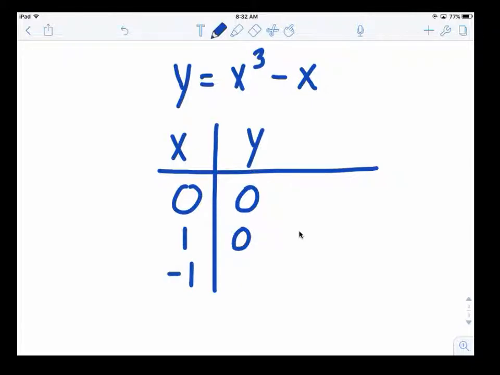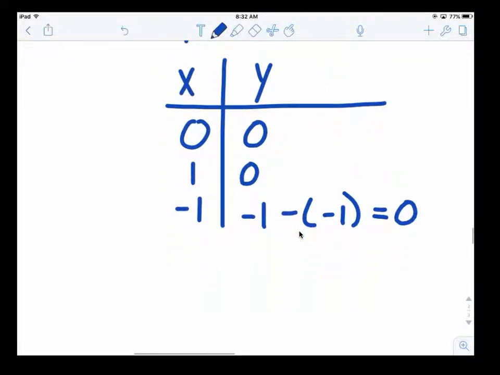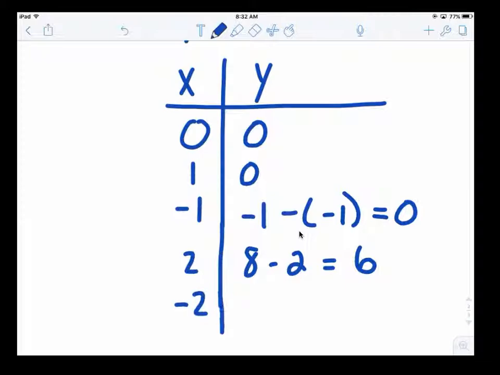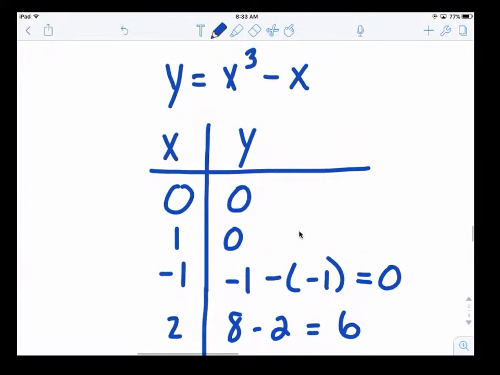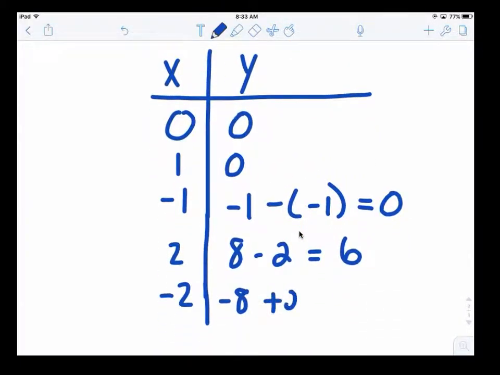So you get negative 1 minus negative 1. All right, if you plug in 2, what do you get? You get 8 minus 2, which is 6. And then if you plug in negative 2, you get negative 8 plus 2, which is negative 6.